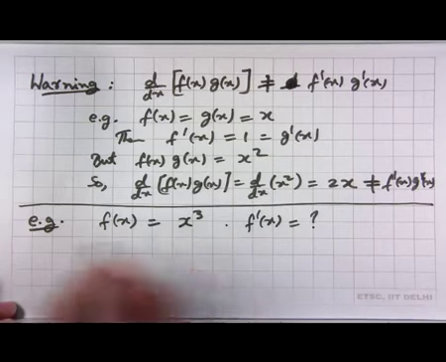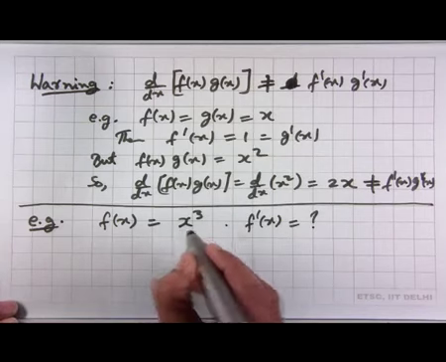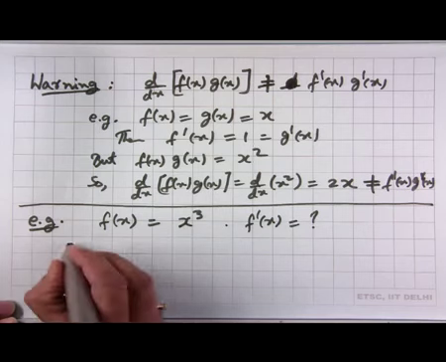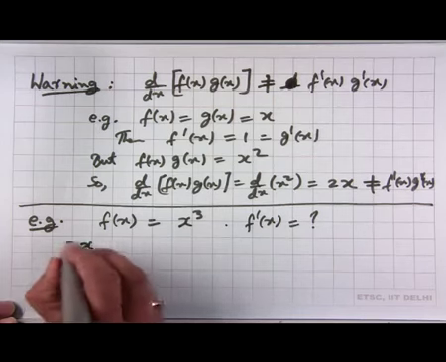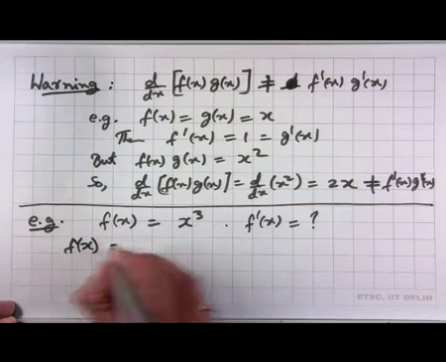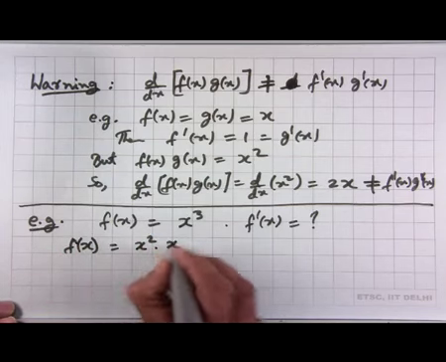So, what we know is that we know the derivative of x square and x. So, x cube, f of x here, is equal to x square times x.